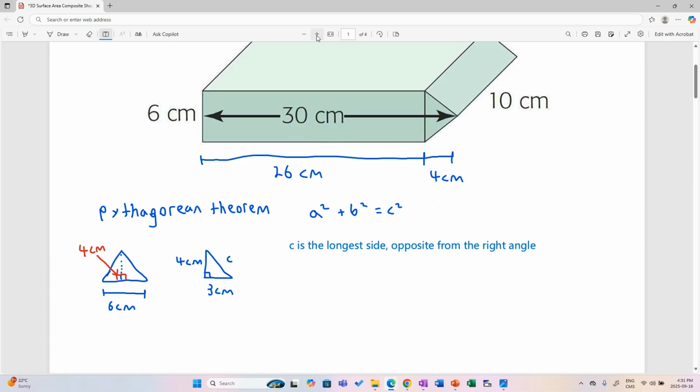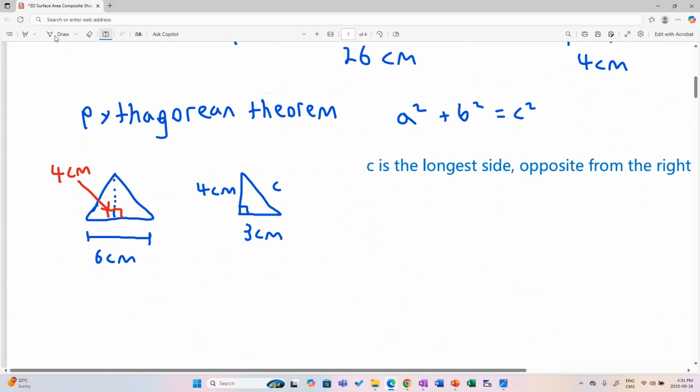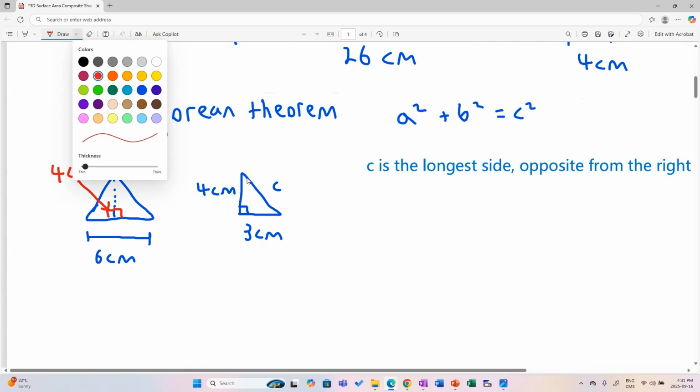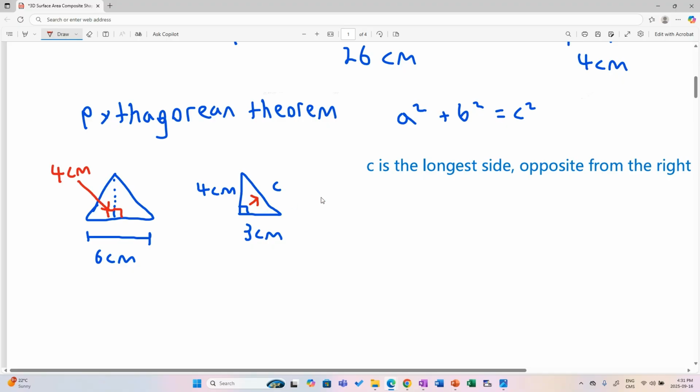So if I zoom in a bit more, the side opposite from the right angle here is C. So I'm going to look for C. A and B are just my other shorter sides. So for a squared plus b squared equals c squared, I'm going to have 4 squared plus 3 squared equals c squared. 4 squared is 16, 3 squared is 9, that's going to equal c squared. 16 plus 9 is 25, so I have 25 equal to c squared.